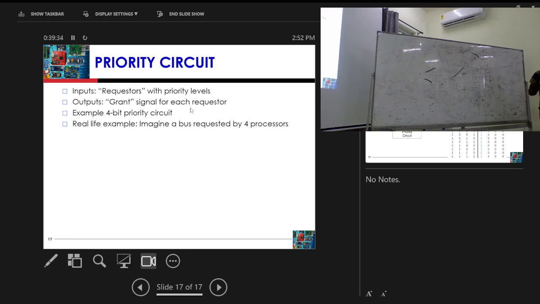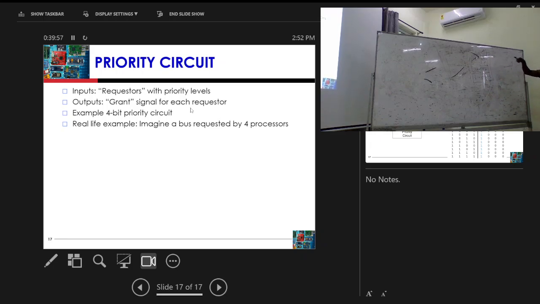Okay, so now what happens if CPU request, memory request, and I/O request at the same time? What happens? Which one will be granted? They all requested at the exact same time. So here request is one, here request is one, here request is one.